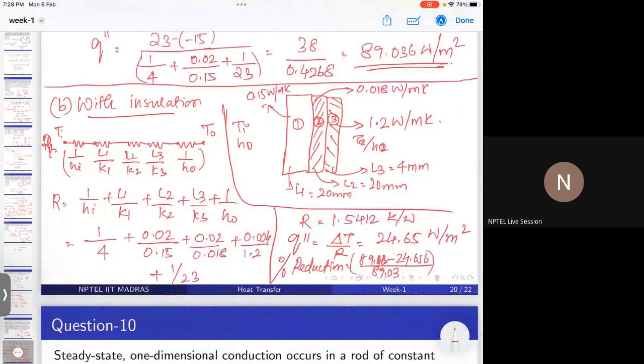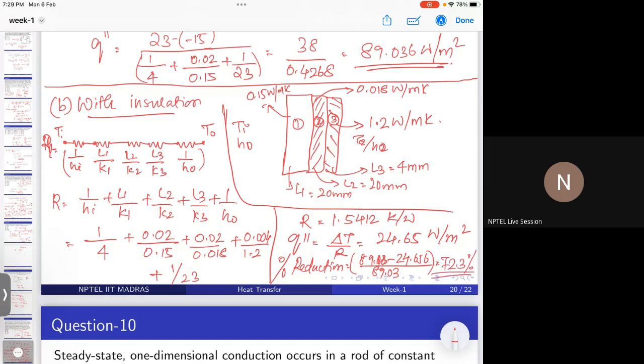So in percentage, can you please say what is the approximate value? Is it close to 72%? Yes, sir. 72.3%. Yeah.